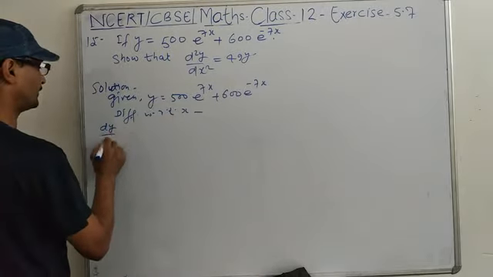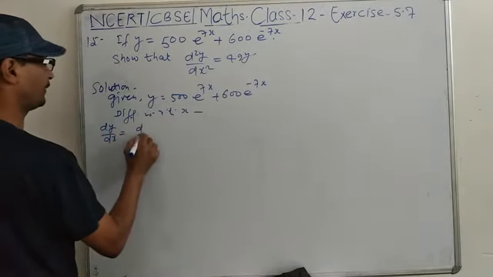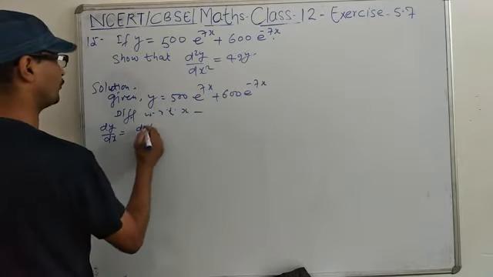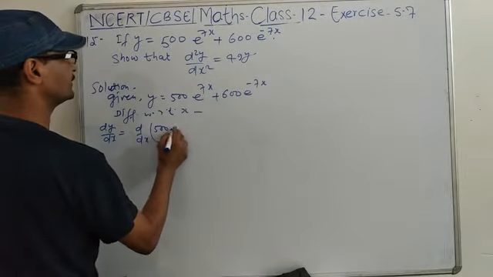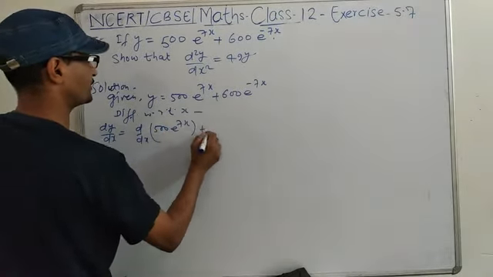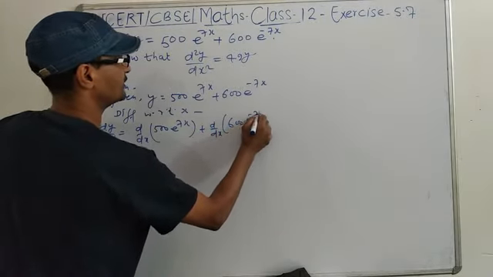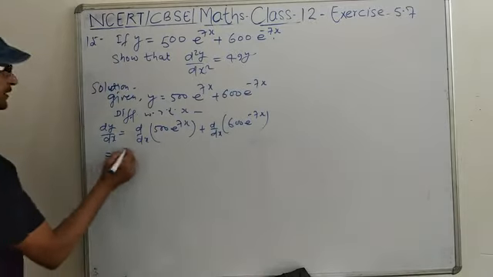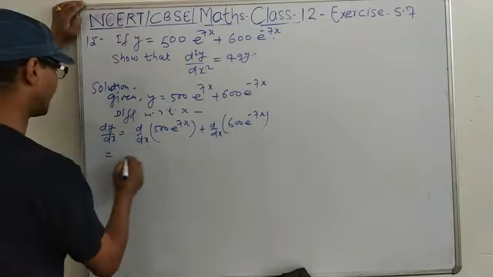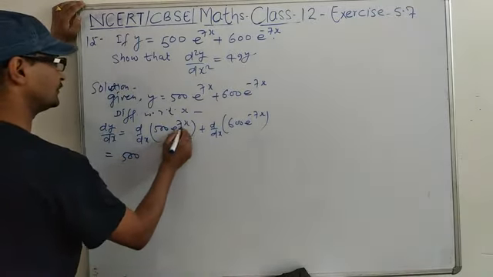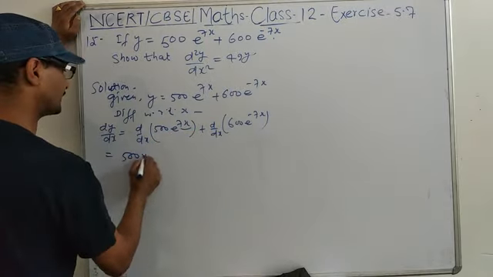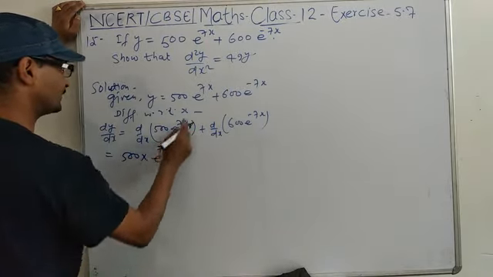So now dy by dx is equal to d/dx of y. Y is 500 e power 7x plus also d/dx of 600 e power minus 7x. In an easy way you can do this. 500 is constant, e to the power x, derivative e to the power x, that means 7x.